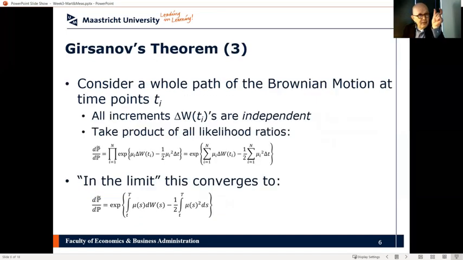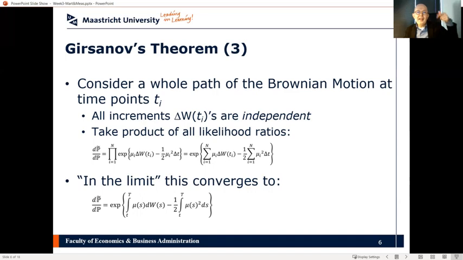So now, in the previous slide, we just took a look at a single time step delta t. What happens if we now take a whole path of the Brownian motion with all time steps delta t? Now we're going to use another important property of Brownian motion: all these increments are independent from each other.